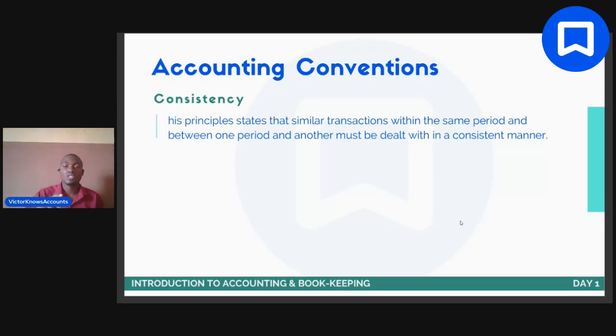If I give a particular person 5,000 naira, the person might be happy and say, oh wow, my tutor Victor is generous. He gave me a gift of 5,000 naira. That's nice.